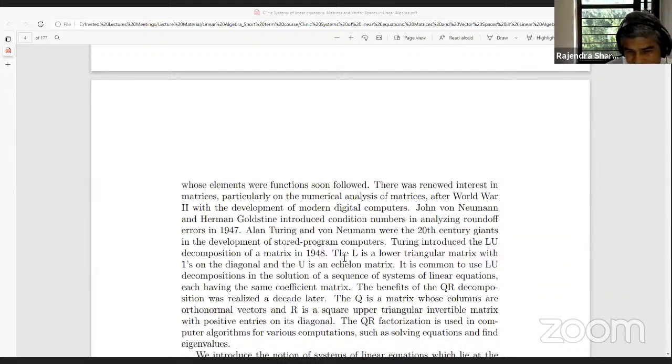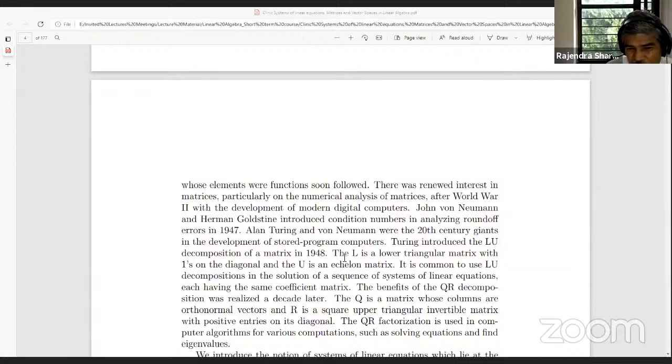The L is, of course, a lower triangular matrix with 1 on its diagonal, and U is an echelon matrix, upper triangular. It is common to use LU decompositions in the solution of a sequence of systems of linear equations, each having the same coefficient matrix. The benefits of the QR decomposition were realized a decade later.